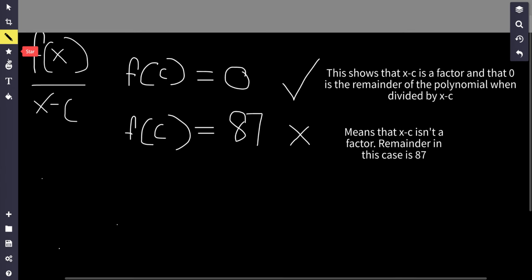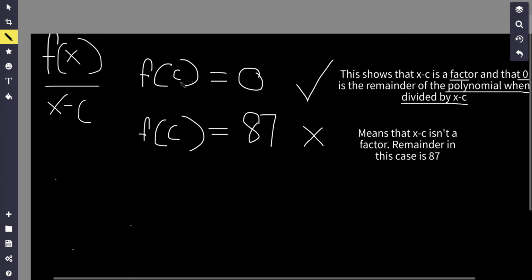So if we have f of x divided by x minus c, if f of c is equal to 0, that shows that x minus c is a factor of f of x. And it also shows that 0 is the remainder of the polynomial when you divide it by x minus c. So I'm referring to the factor theorem and the polynomial remainder theorem.